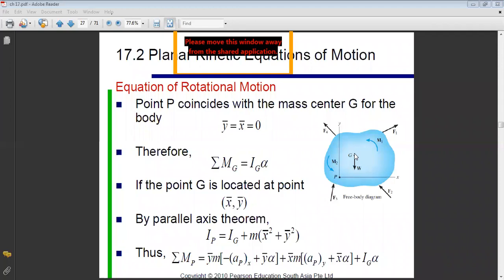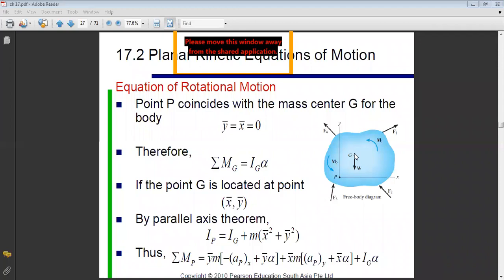Now, since P and G are two points of one rigid body, we can relate their accelerations. Okay? So we can write that aP is aG plus alpha vectorial PG minus omega squared PG, if you remember. Because if we have any two points on the same rigid body, we can relate their accelerations. So this is what we will do here.